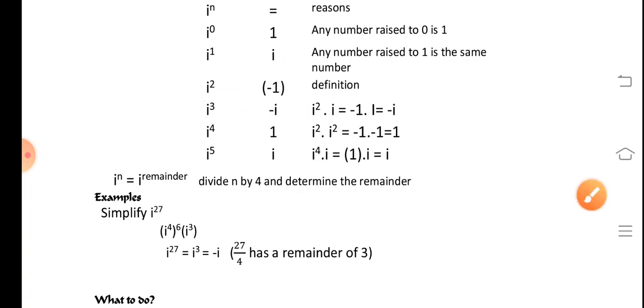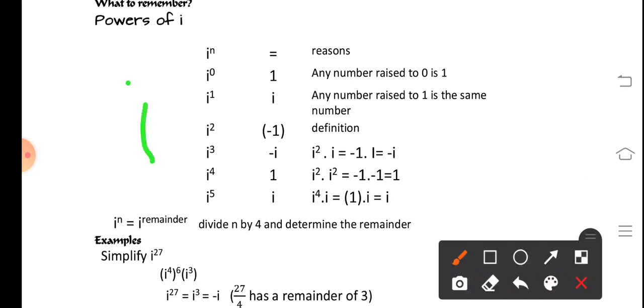Let's take another example. Let's say we have i raised to 29. What is i raised to 29? What is the remainder?